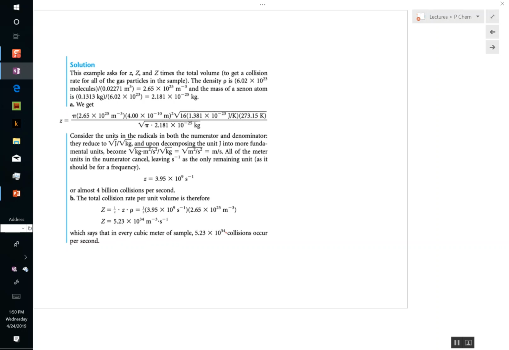I think we have 1 mole of gas, something like that: 5.23 times 10 to the 34th collisions, okay? Now xenon is inert, it doesn't react. But if we were talking about gasoline bouncing into oxygen, you'd say, how can these things react so fast? Well, this is trillions and trillions of collisions per second.